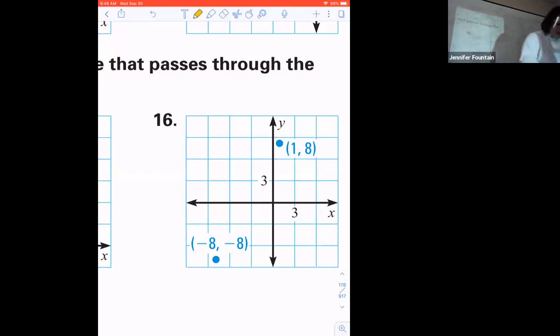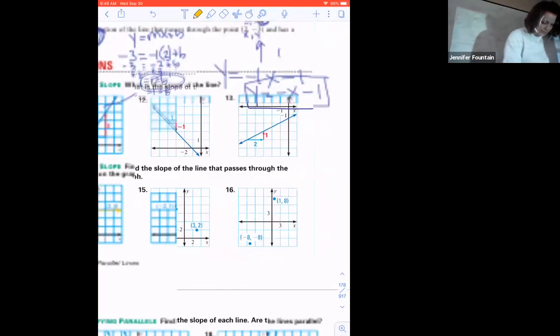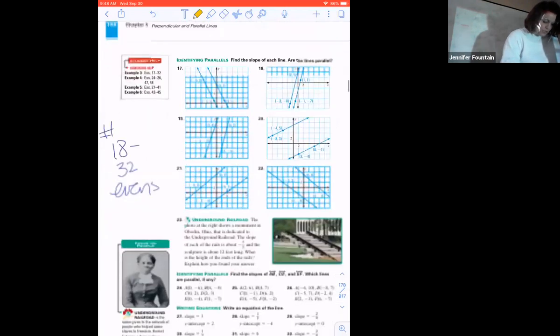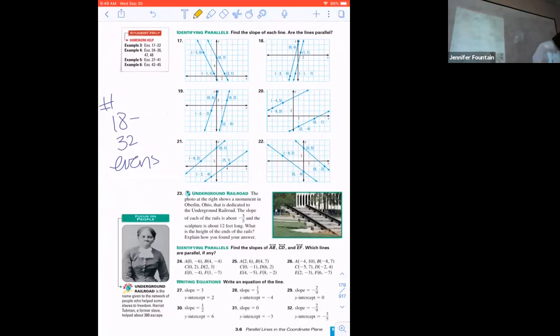All right, so we had 12, 14, and 16, and then we have 18 through 32 evens on page 169. I'm going to go through these pretty quickly and just give out answers. If you have questions, let me know and we'll go through them. Number 18, the directions say find the slope of each line and are the lines parallel? My first line, the slope is 4.